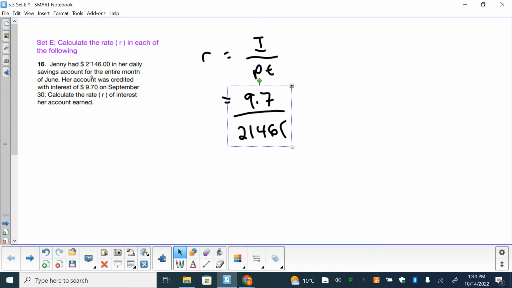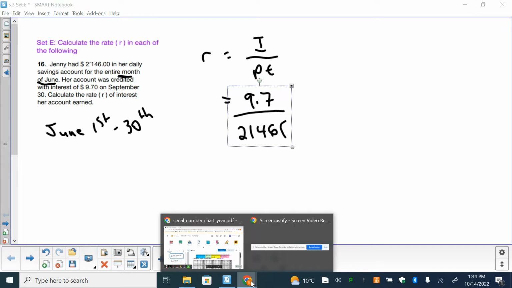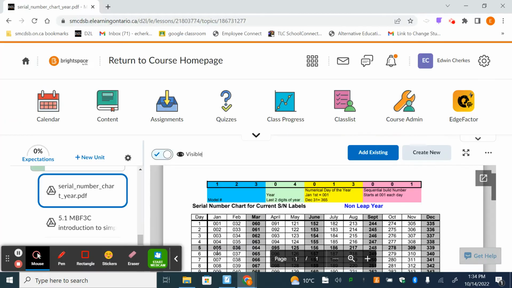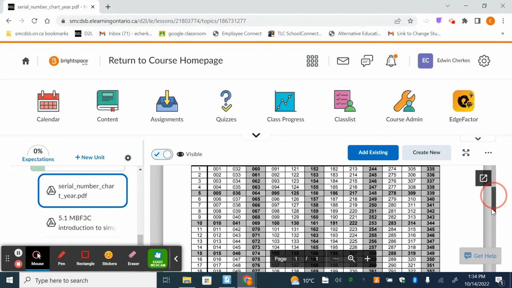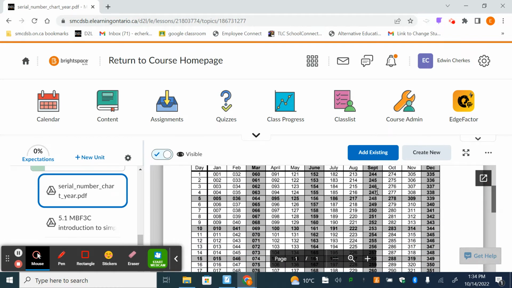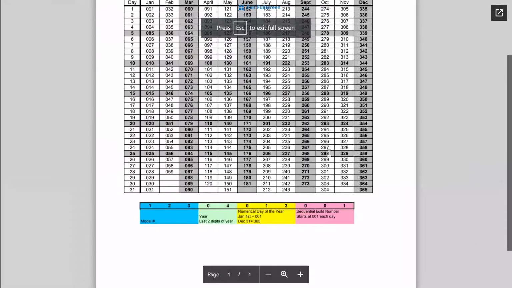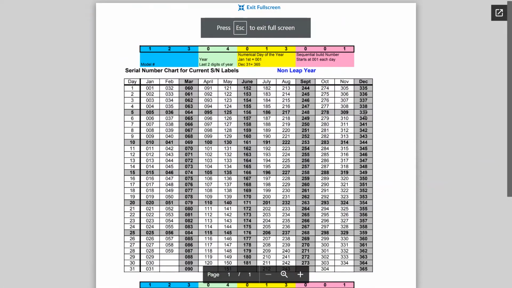So we're looking at just the month of June. So basically we're looking at June 1st until the 30th. So if we go to our chart, and that's one way to go about it, and we look at the actual numbers, you might get thrown off, but let's just look at this.